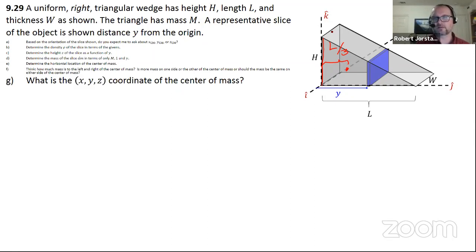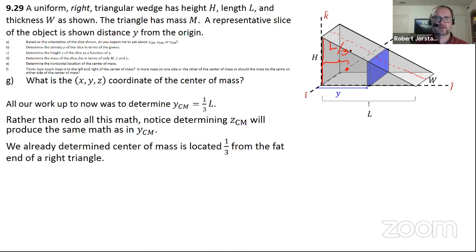Furthermore, I think it's pretty easy for you to see by symmetry that the center of mass should lie somewhere on this line going into the page, because there's just as much mass on either side. We expect that to lie there.